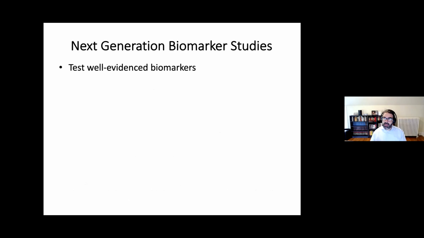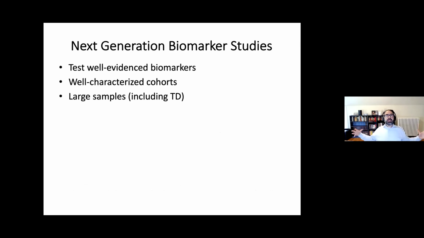Well, we could take biomarkers that are pretty well studied and study them in more powerful ways by using really, really well characterized cohorts so that we have the individual information to understand the relationship of the biomarkers to the subtle aspects of the clinical phenotype. We would want to have big samples, including big samples of typically developing children, so that we have the statistical power to look at these relationships, in a longitudinal design so that we can look at reliability and change over time.